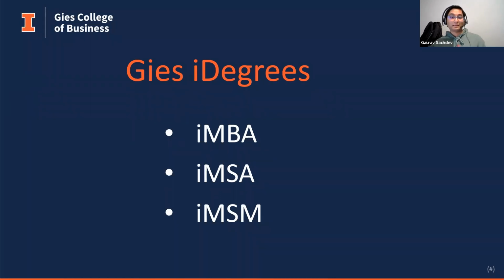Kate, I believe that the announcement that you're going to make is the stacking program from IMSM to IMBA, right? When I was in the IMSM journey, the announcement was made that I could now further stack my IMSM degree to a Master of Business Administration degree, which is a full-fledged MBA with 72 credit requirements.